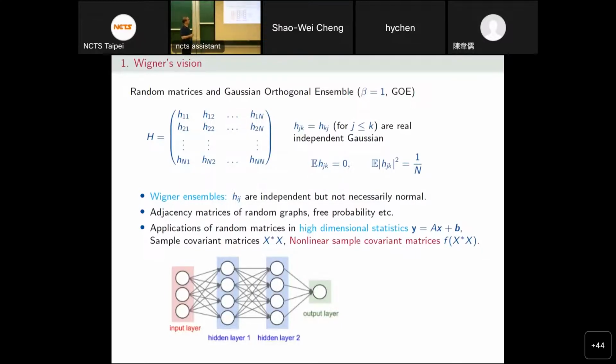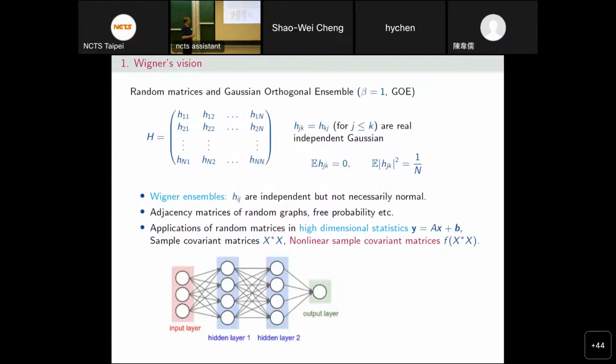The simple thing is that you pick Gaussian random variables, symmetric, so Xij equals Xji, with mean 0 and variance 1 over n.